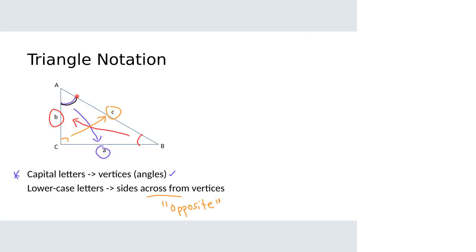If this is angle A, then this is the side that is opposite angle A. Over here, this is angle B, so this is the side that is opposite angle B, and so on. Another word that you're going to hear is the word adjacent. Adjacent is a word that is sometimes tough for students.